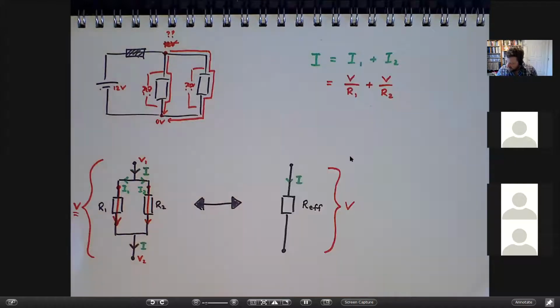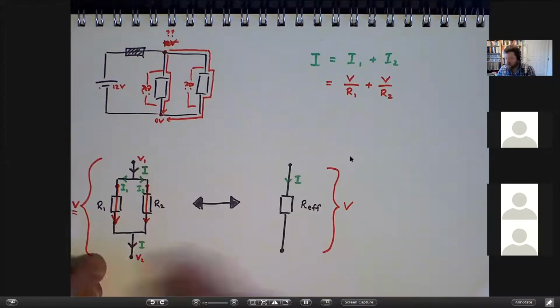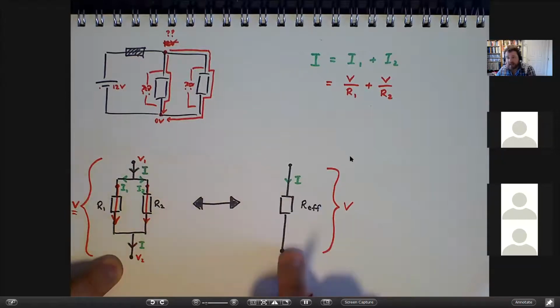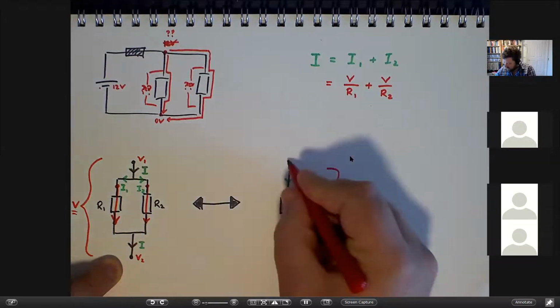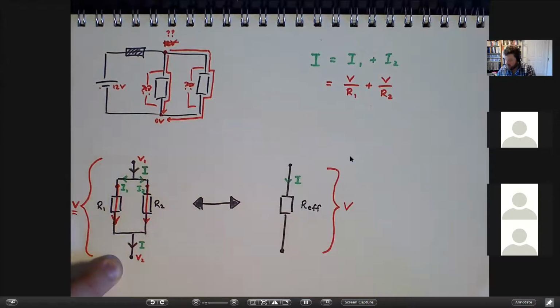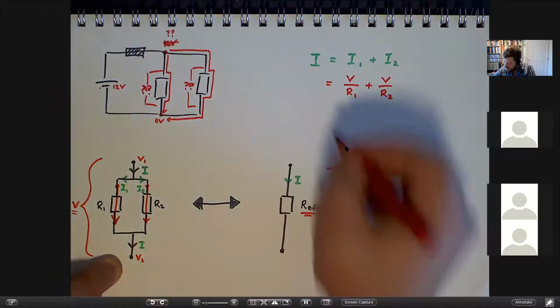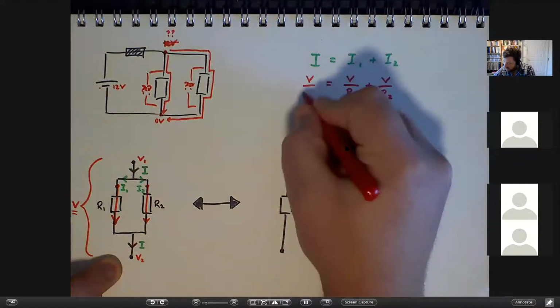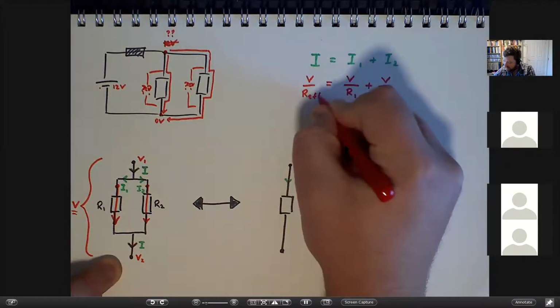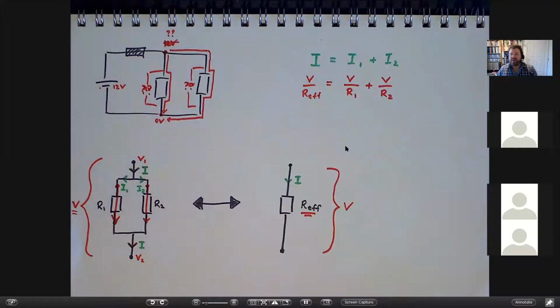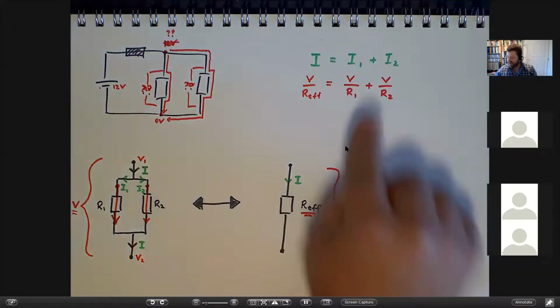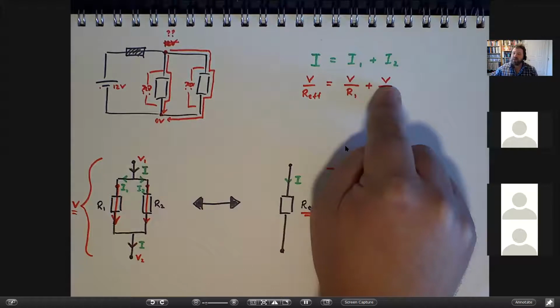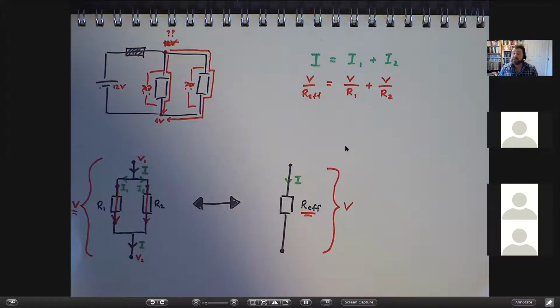All right, what about this side? Well, we could look over here and we could say, wait a minute, the total amount of current we get is just going to be that same V, but divided by our effective resistance. So this one here is going to be V over RF. And then we can say, wait a minute, we've got V, V, V, and we can just go through and cancel off all those V's.